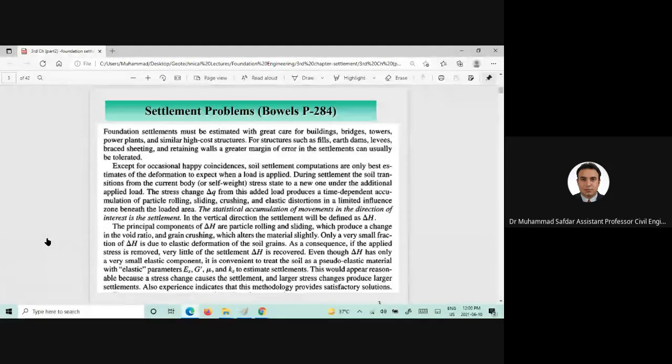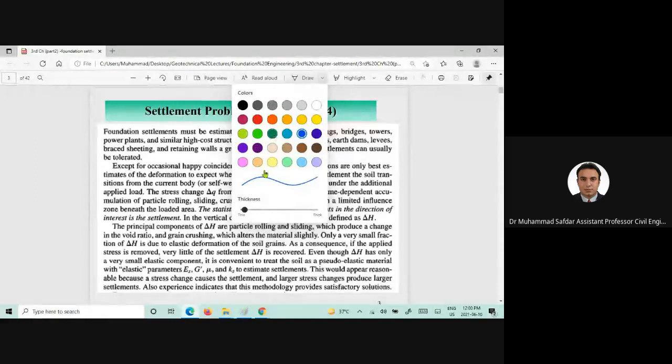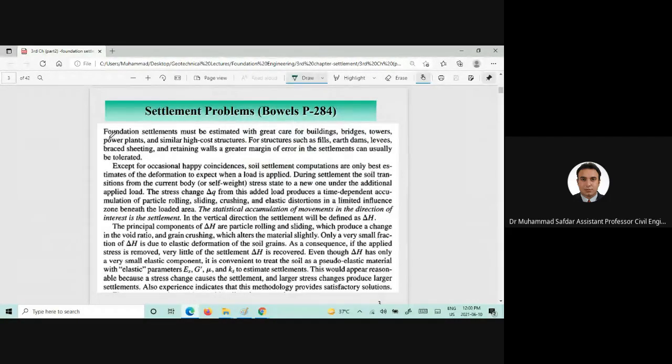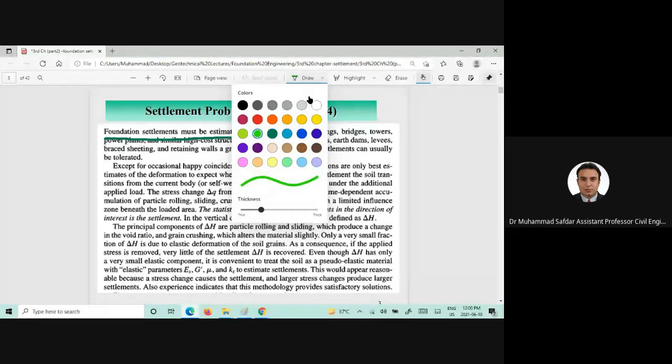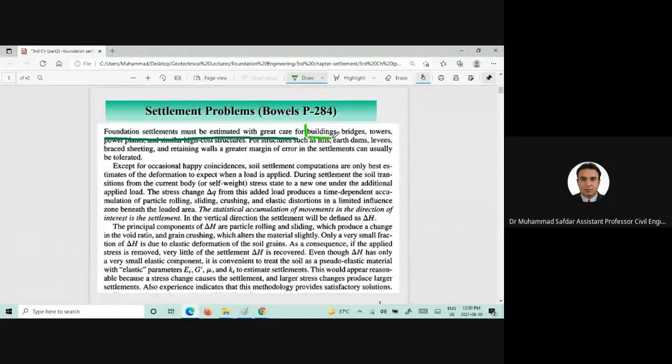So, as we all know, foundation settlements must be estimated with great care for buildings, bridges, towers, power plants, and similar high-cost structures. So we need to estimate that with great care.